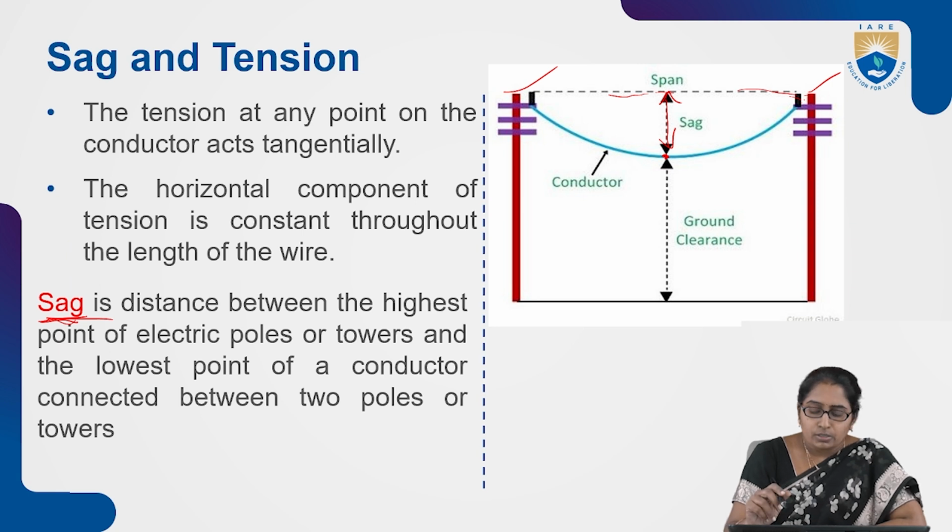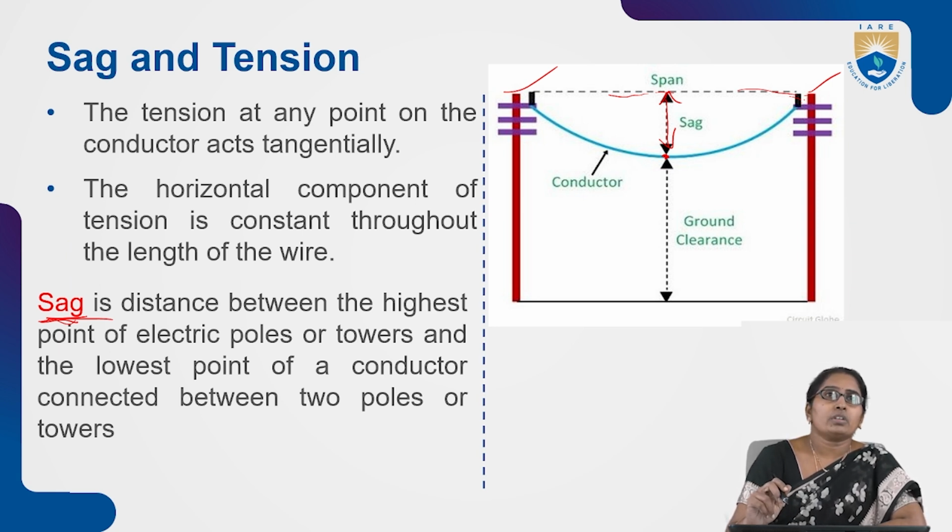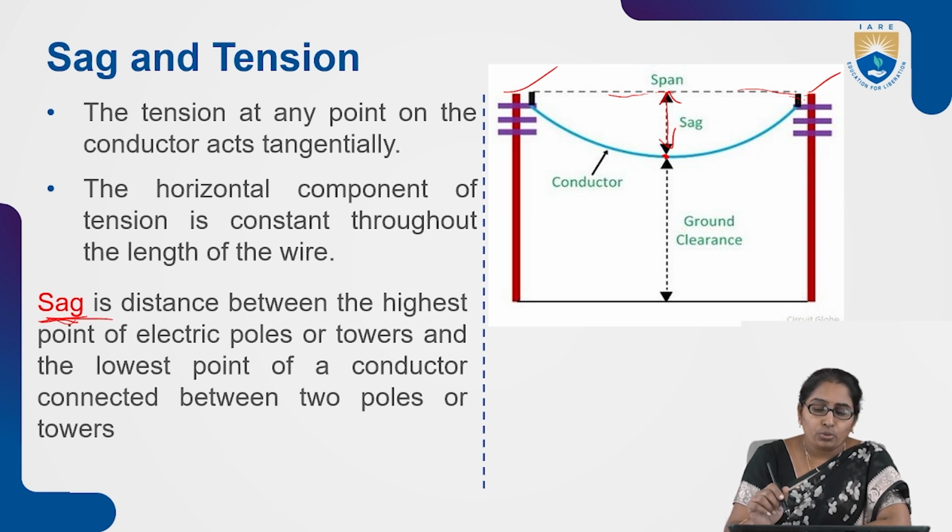Now, they're also talking about one more thing here, tension. When a conductor is suspended between the electrical poles or towers, the conductor is subjected to some pressure. The conductor is under some tension.